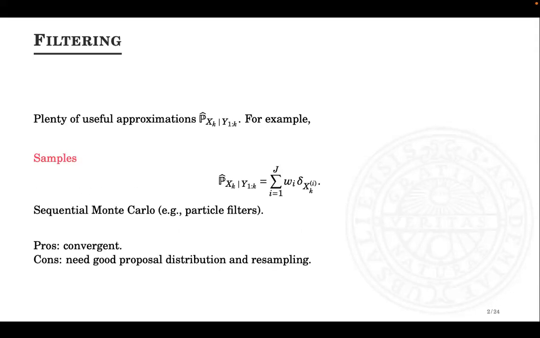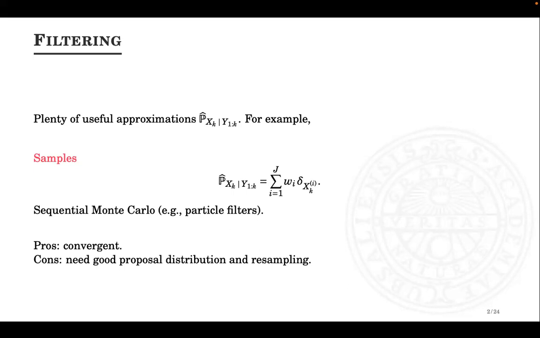An alternative approach is to use another representation of the approximation, using Monte Carlo samples. Essentially, we have a discrete measure with weights and samples. This is known as sequential Monte Carlo, and we have particle filters. The pro is that under very mild conditions, we can establish convergence results, in the sense that we have some metric for convergence of the approximation to the true distribution.